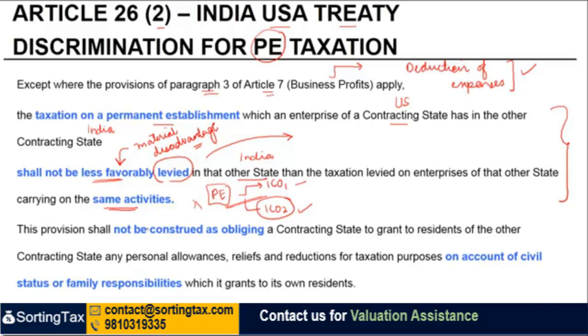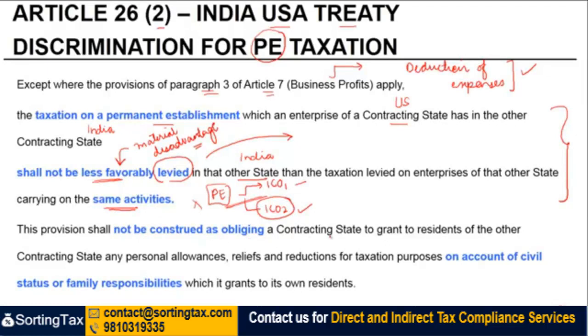The provision shall not be construed as obliging a contracting state, let's say India, to grant to residents of the other contracting state, which is the US, any personal allowances, reliefs, and reductions for taxation purposes on account of civil status or family responsibilities which it grants to its own residents, right?